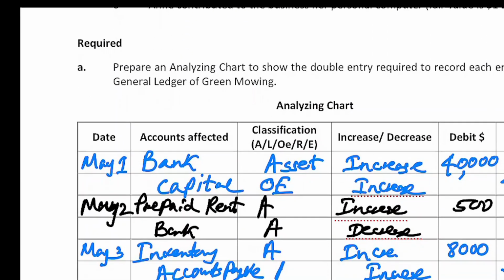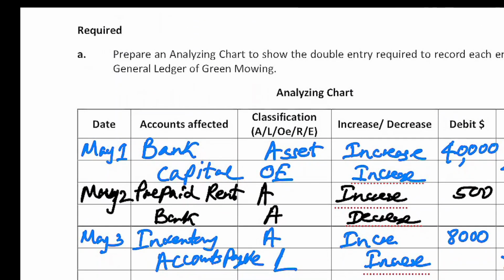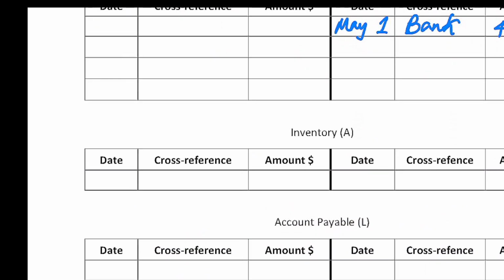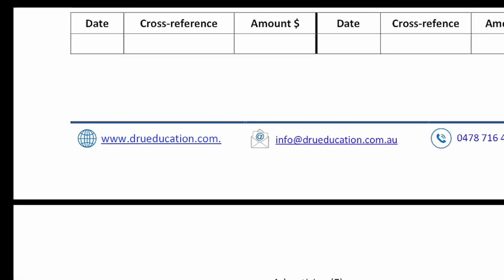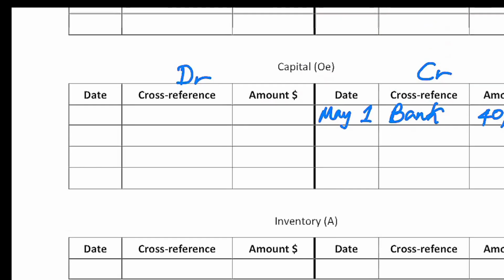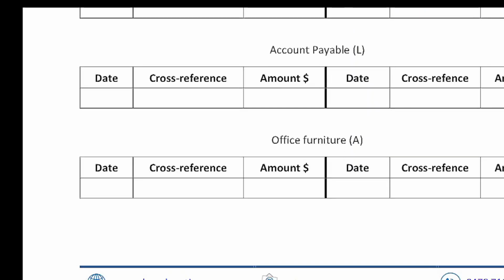Okay, second one, what did we do? May 2nd, prepaid rent. The prepaid rent account is not there, my bad. So let's draw a prepaid rent account, guys. It's missing for some reason. I think you should have space here at the end of the page.